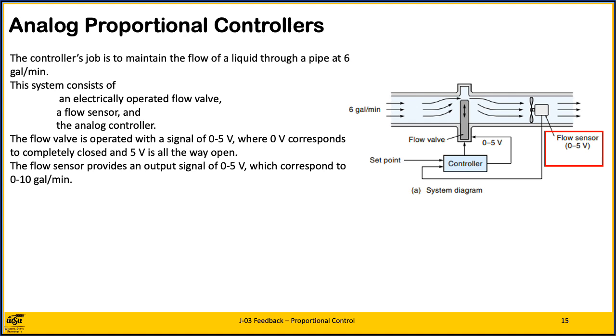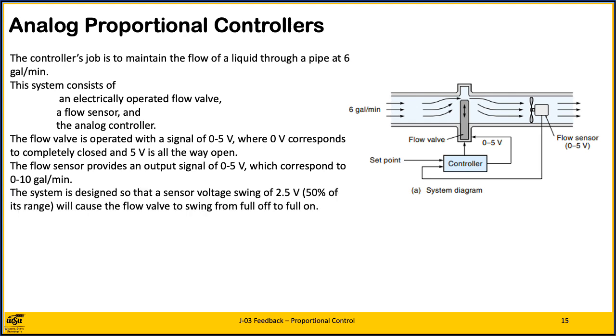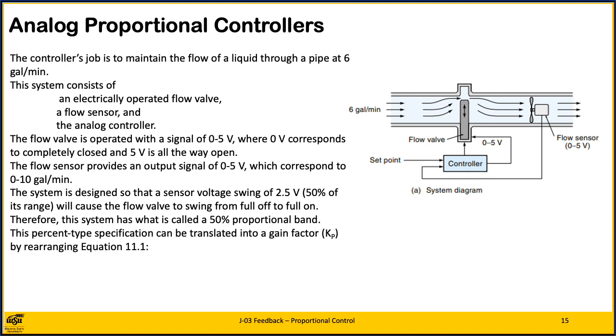The flow sensor provides an output signal of 0 to 5 volts, which corresponds to 0 to 10 gallons per minute. The system is designed so that a sensor voltage swing of 2.5 volts, 50% of its range, will cause the flow valve to swing from full off to full on. Therefore, this system has what is called a 50% proportional band.